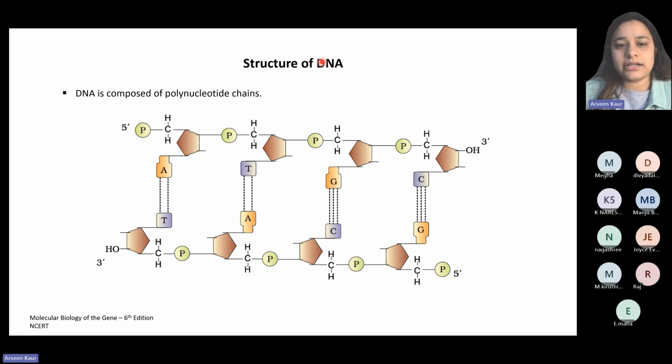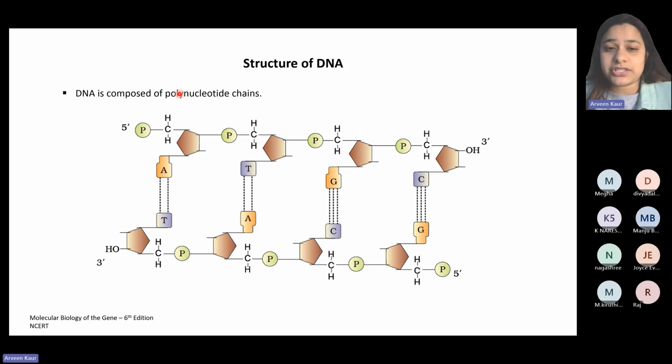Let us talk about it as a structural entity, like we deal with when we are talking about chromosomes or replication. So DNA is composed of polynucleotide chains. Again, what does it mean?